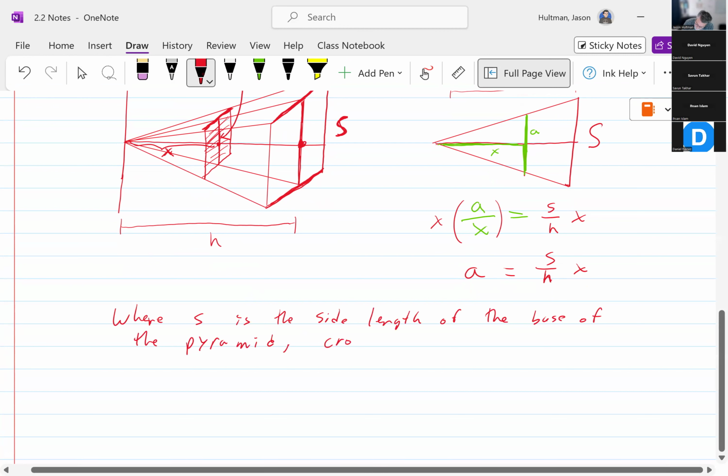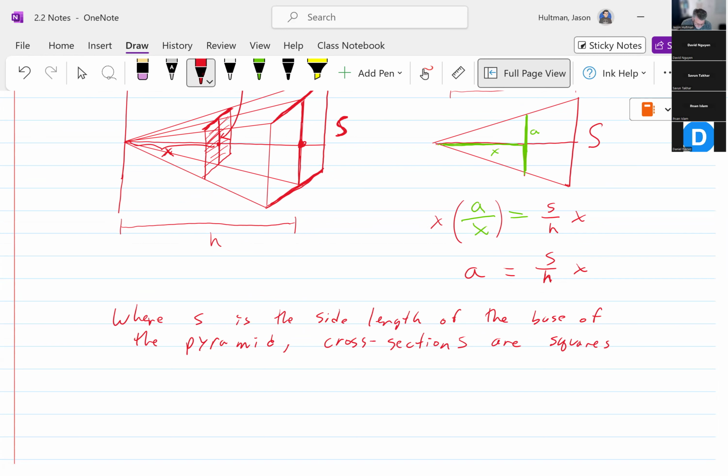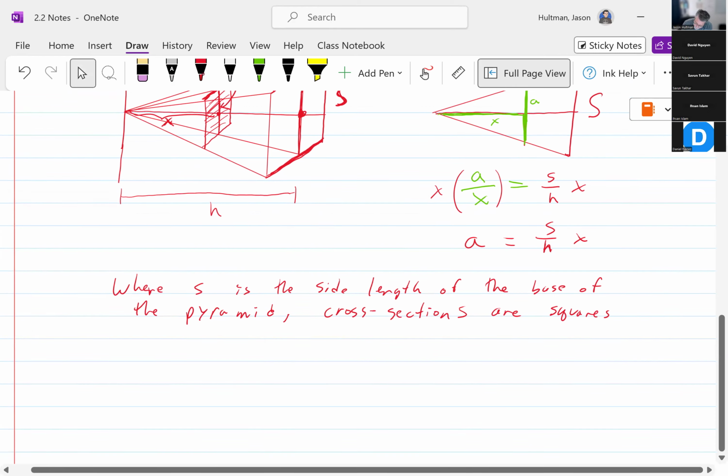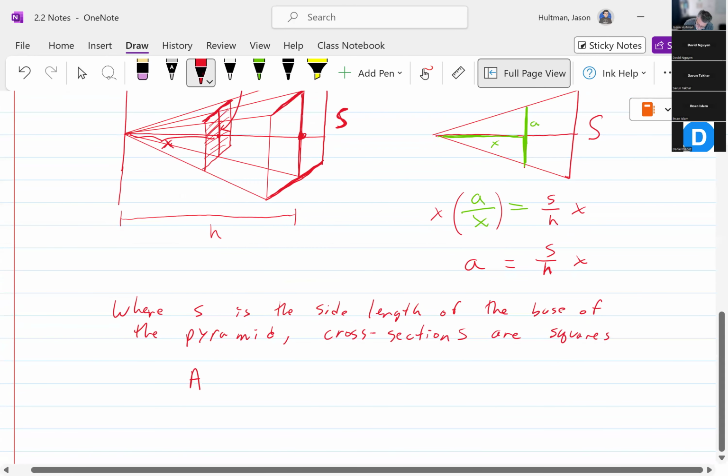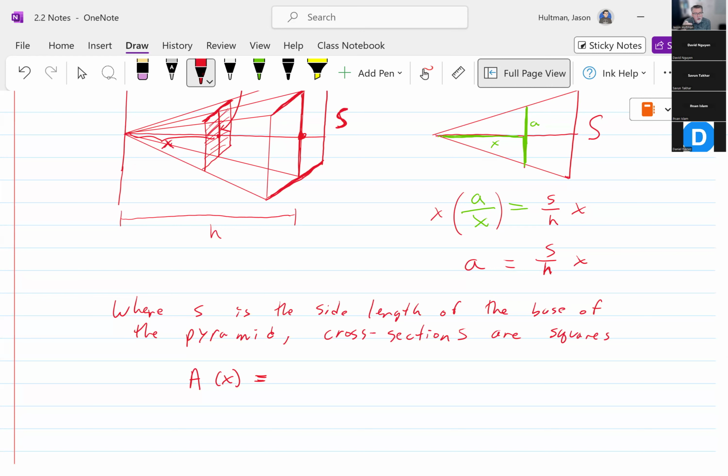Cross sections are squares. Those squares just happen to increase in area. So what can we say? What's the area based on X? If I go out a certain X, what's the area of that cross section going to be? Well, what's the area of a square?